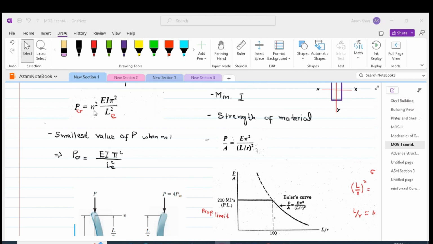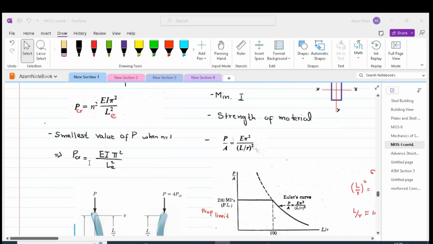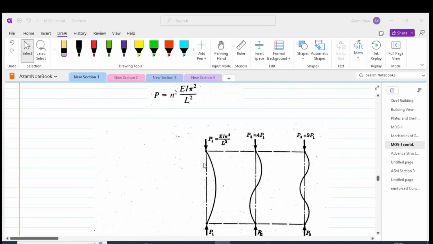Since we have put n equal to 1, the effective length will be equal to half sine wave length. In other words, if the column is unrestrained and pinned, then according to this formula, the effective length will be the height of the full column.